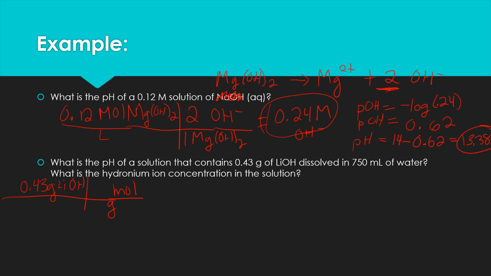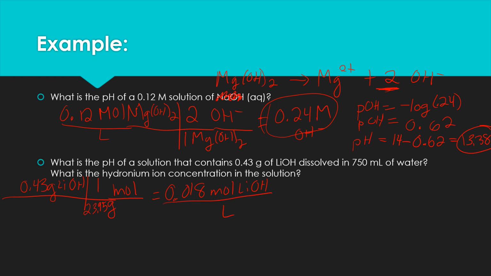We get 23.95 grams per mole. So 0.43 divided by 23.95, and we have 0.018 moles of lithium hydroxide. Now we need a molarity. Molarity is moles divided by liters.